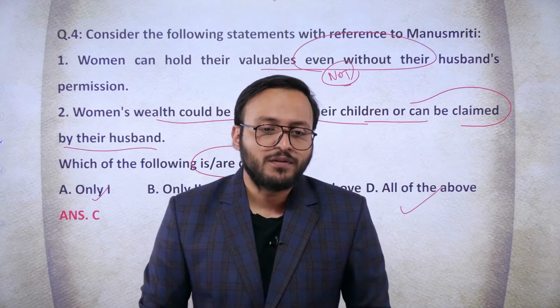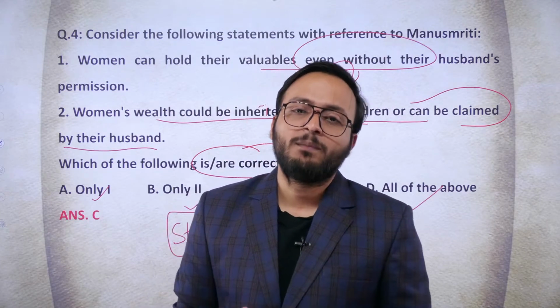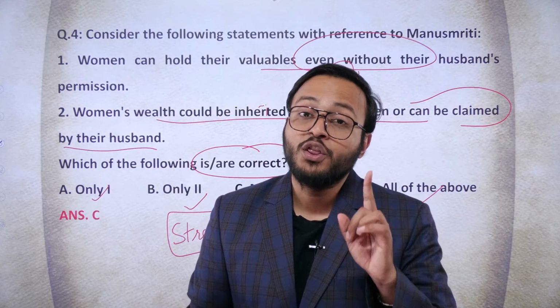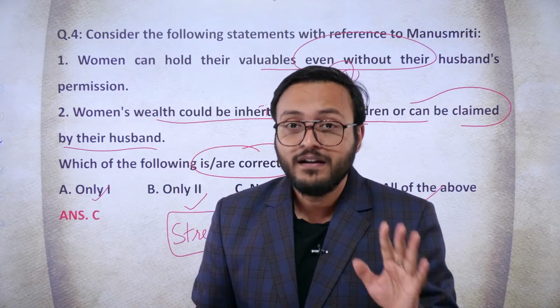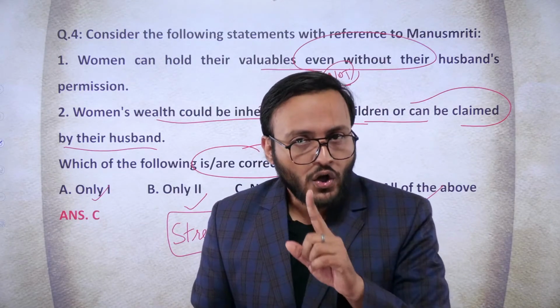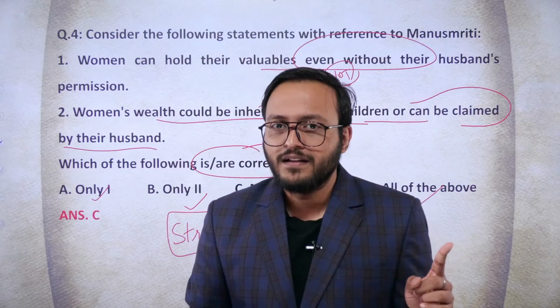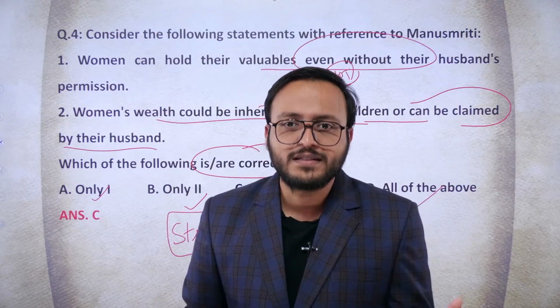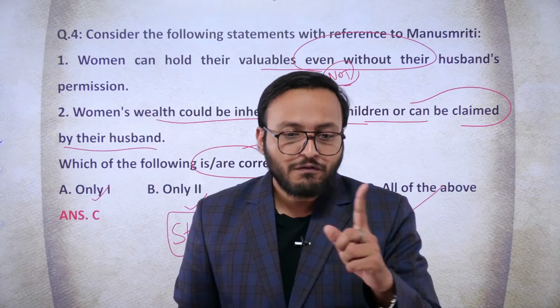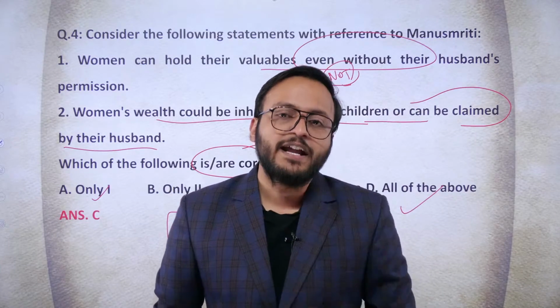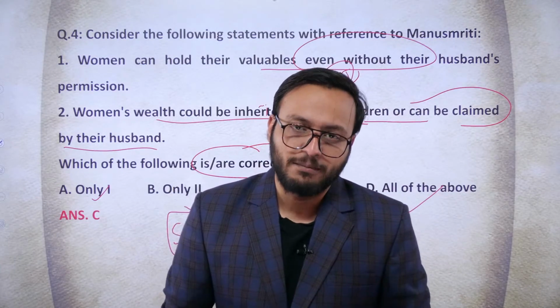But let me tell you, the holding of valuables and belongings is not necessarily Stridhan. Try to understand the difference. Even the other types of belongings that the woman used to have, without the permission of the husband, it was not possible for them to hold.